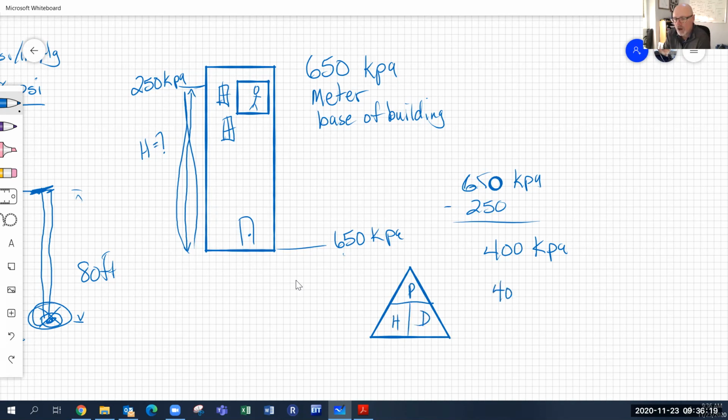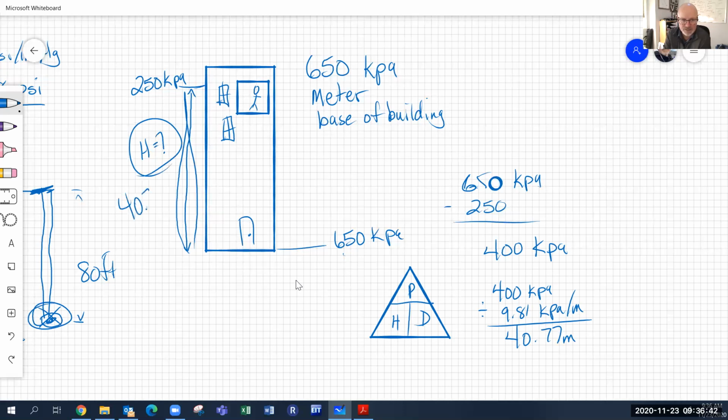So 400 kPa divided by 9.81 kPa per meter equals 40.77 meters. That's how high I can pump that water up.